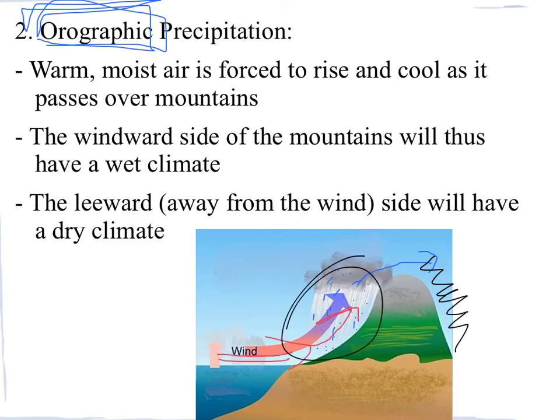Which means that on the far side of a mountain like this, you're going to have a very dry area, and that's what you have in eastern Washington State, in Idaho and Montana and eastern Oregon, because all the moisture has been pulled out of the air by this forced climb up the mountain and the orographic precipitation that followed.